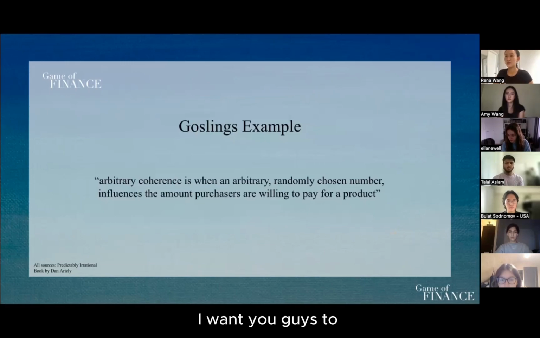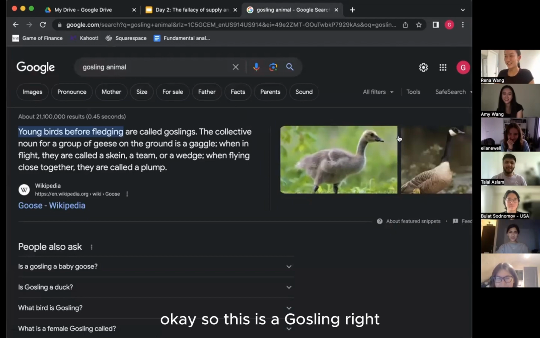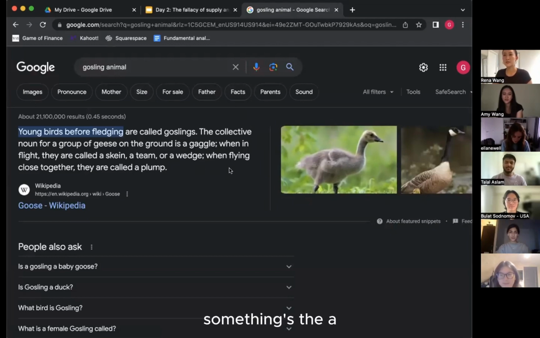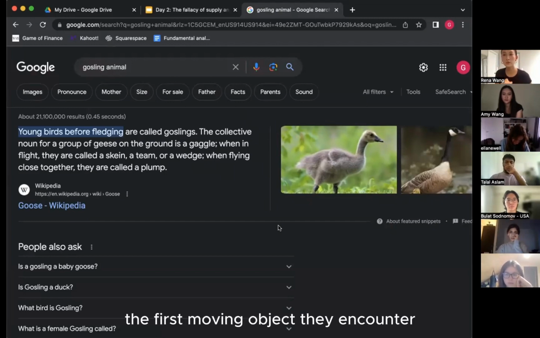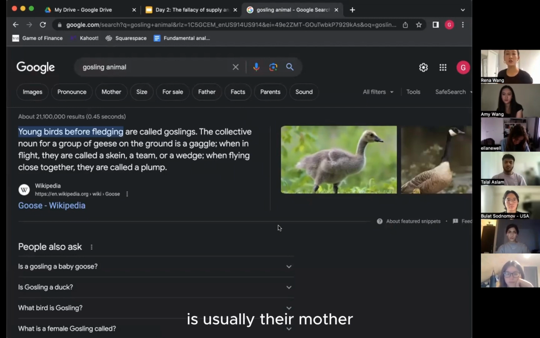I want you to hear about a gosling example. This is a gosling. The biologist Konrad Lorenz discovered that goslings, upon breaking out of their eggs, become attached to the first moving object they encounter, which is usually their mother.